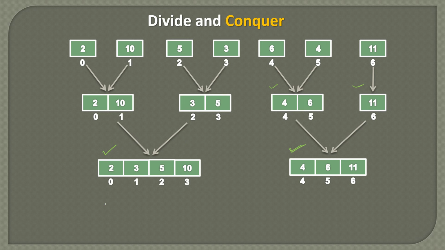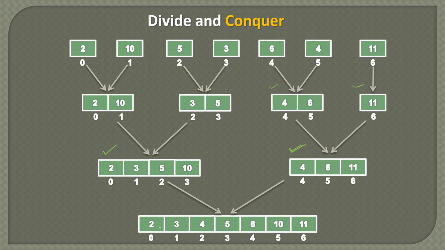Now we can simply merge these two pieces together like this: 2, 3, 4, 5, 6, 10, 11. So here you can see that the final sorted array is actually our original problem which we wanted to sort. So friends, here I will just go back.